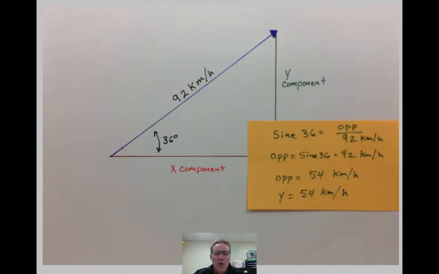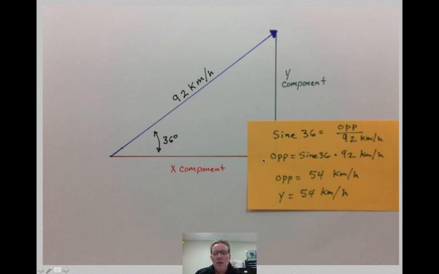So the angle, which is shown here, 36 degrees, the side opposite is the y component. To find the y component, we're going to use the sine of the angle being equal to opposite over the hypotenuse. In this case, the hypotenuse is 92 kilometers per hour.